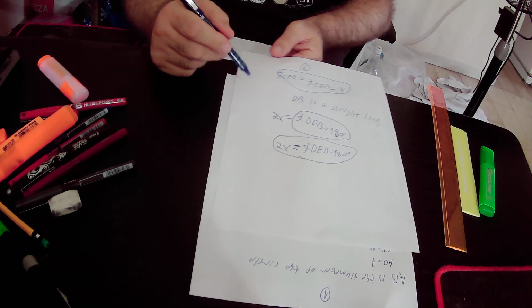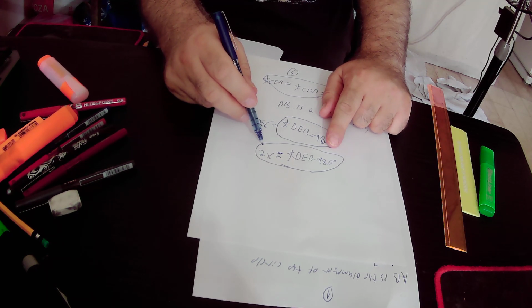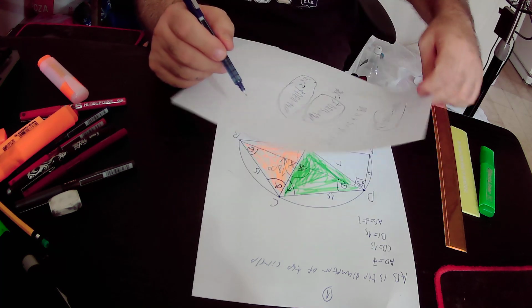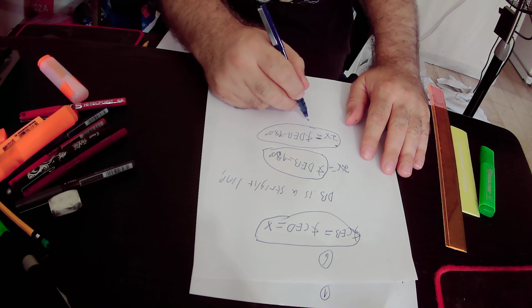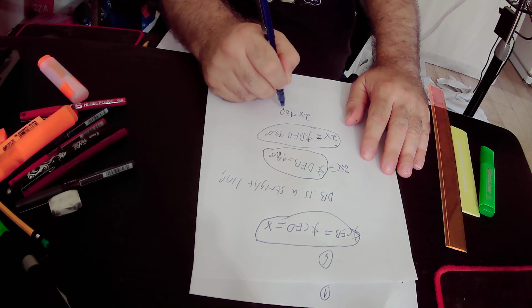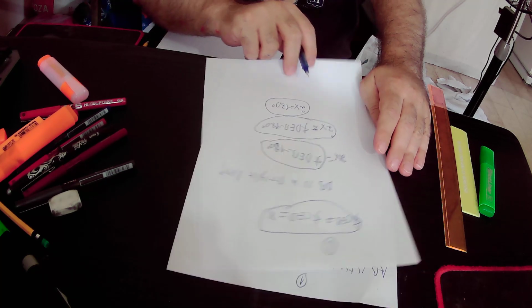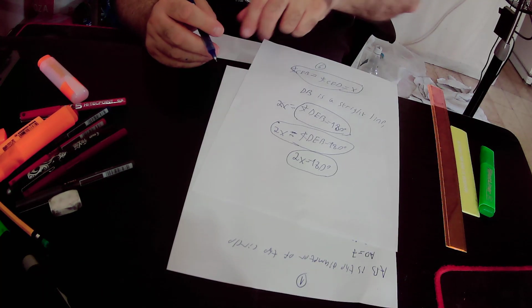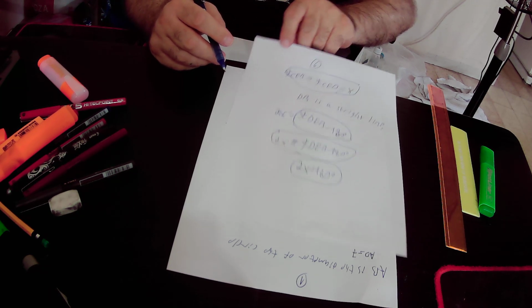So from this equality we can deduce that 2x equals 180 degrees, and here we can divide this equality by 2 and we will get that x equals 90 degrees.